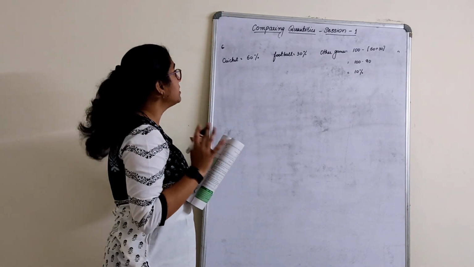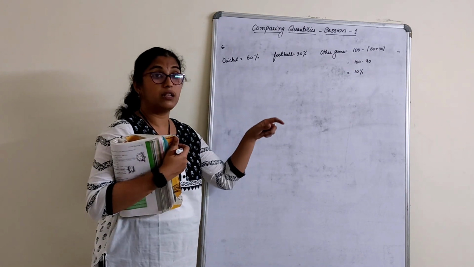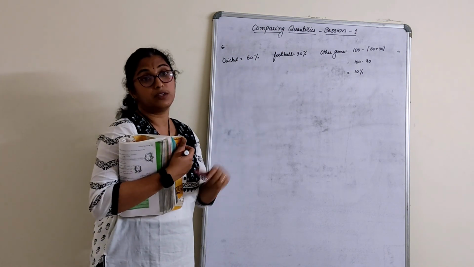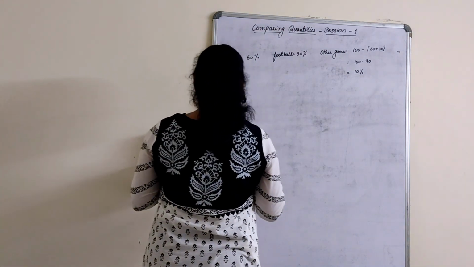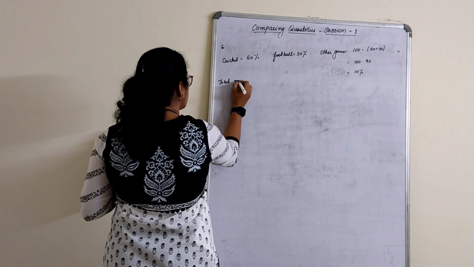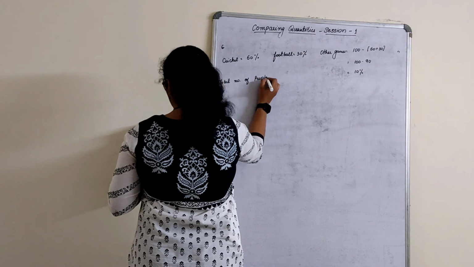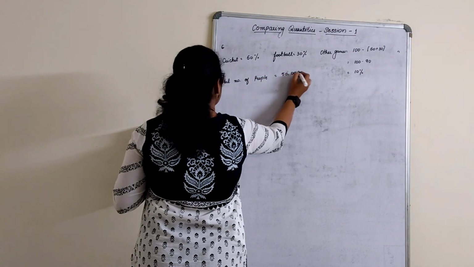So we understood that 60% of the total like cricket, 30% of the total like football, 10% of the total like other games. In total what we have to calculate? Total number of people they have given, 50 lakh.